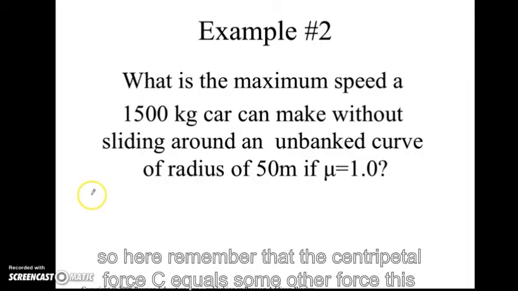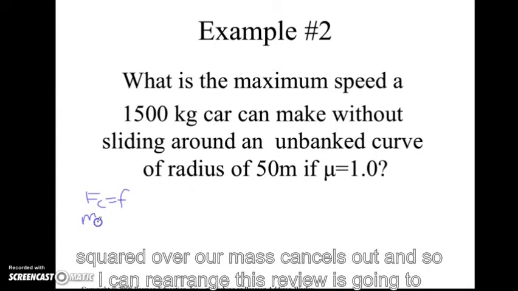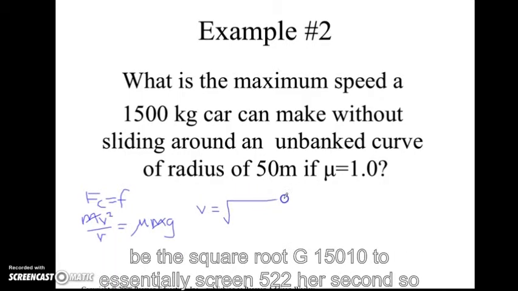Alright, so here, remember that the centripetal force, Fc, equals some other force. In this case, it's going to be friction that keeps the car on the road. So if I've got mv squared over r equals mu mg, the mass cancels out, and I can rearrange this for v, which is the square root of mu rg.